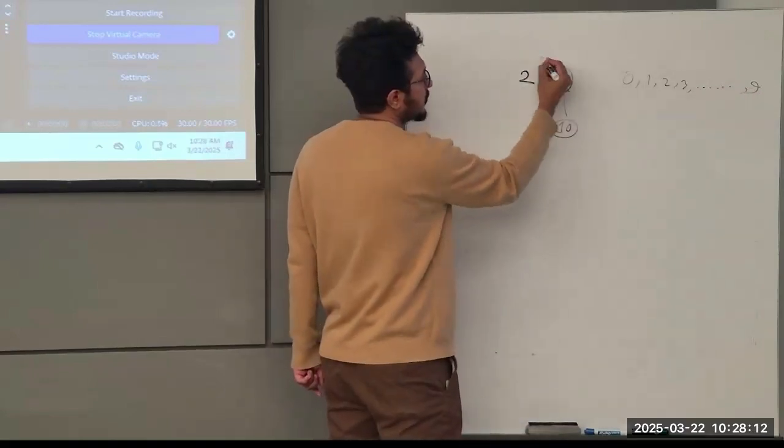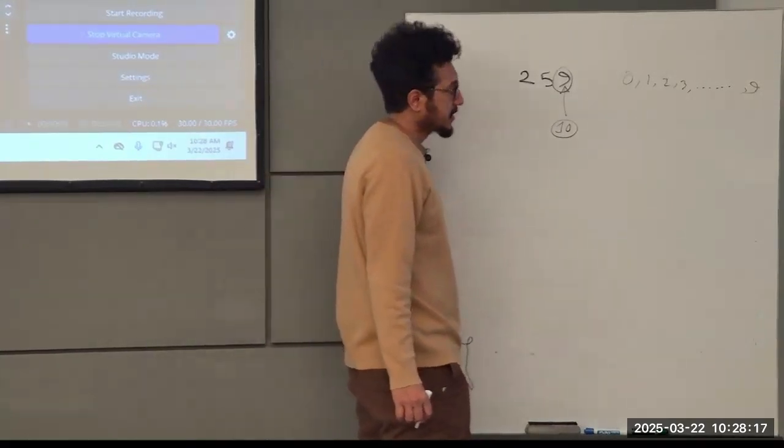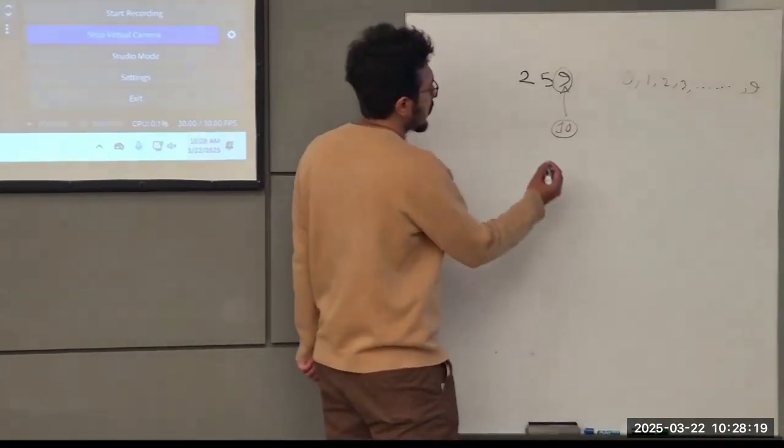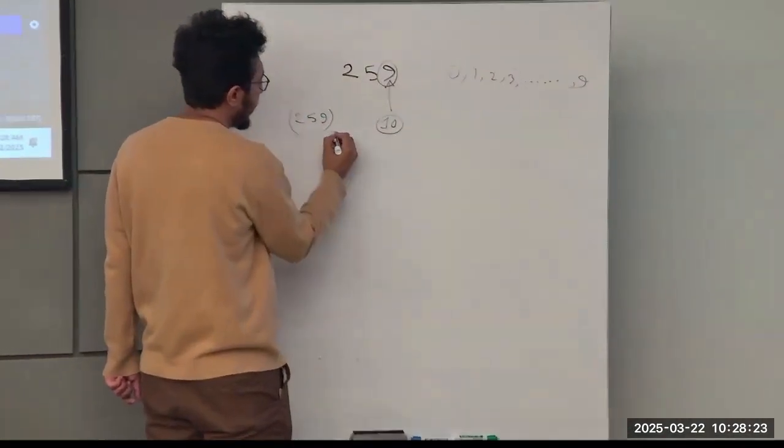So in each of these places, we can think of 10 digits, and that's why it's called a decimal number, or a base-10 number.